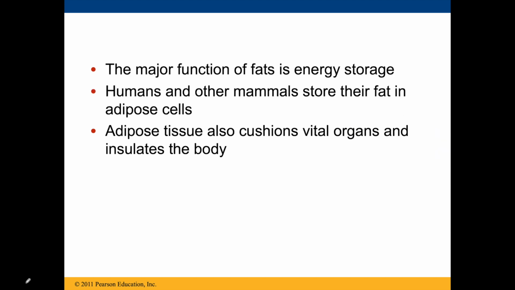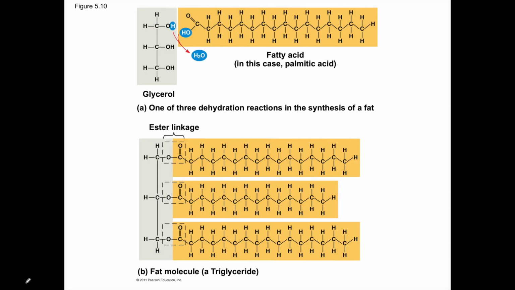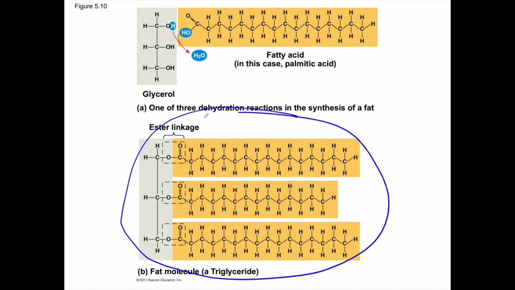All right, so what do we use fat for? The main purpose of fat is to store energy. We will learn more details about this in a later chapter, but it turns out there's energy stored in chemical bonds. This fat molecule has a lot of chemical bonds in the backbones of these fatty acids, so it's storing a lot of energy, and that's the main thing we use fat molecules for.